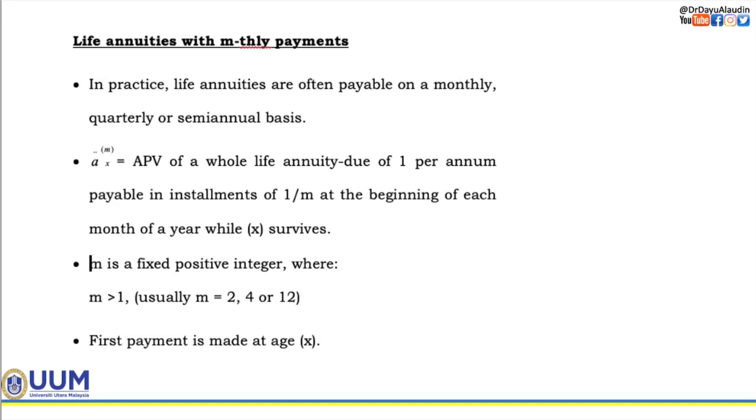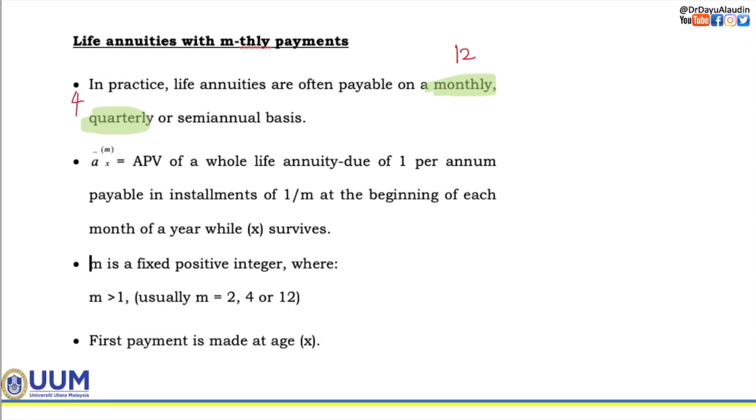So the last one is life annuity with monthly payments, meaning that the payment is paid more than once a year. It can be monthly. If monthly, 12 payments will be paid for 1 year. If quarterly, every 3 months, it becomes 4 times a year.